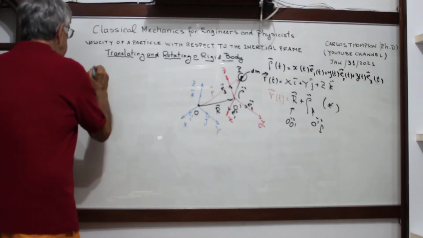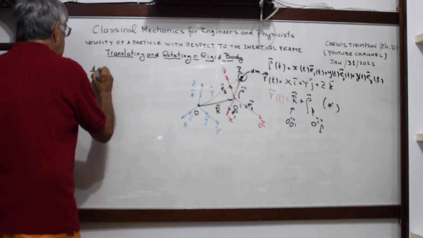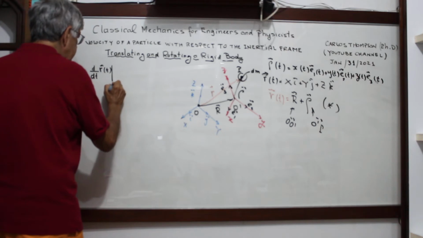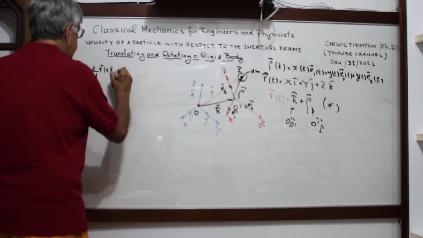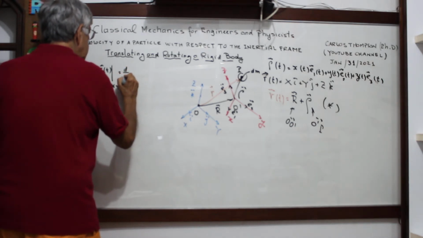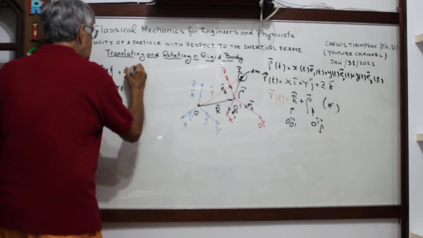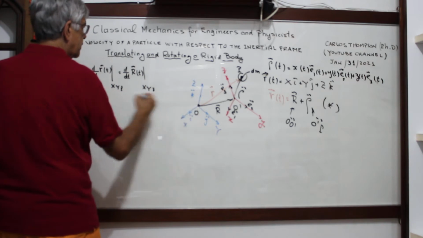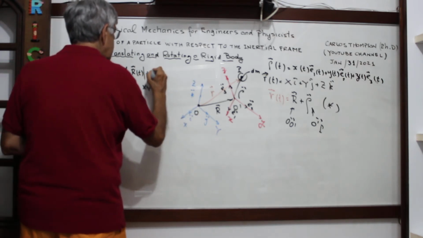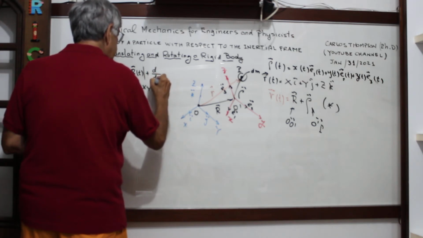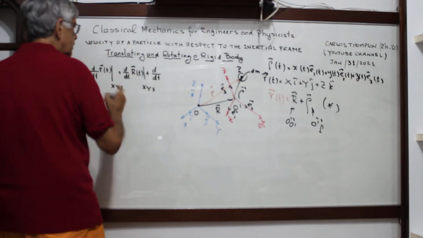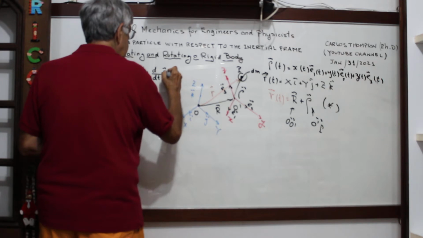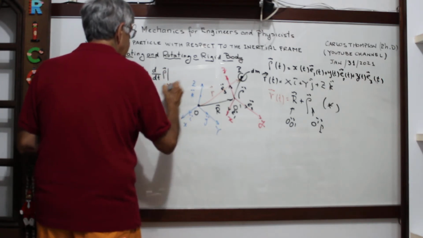Now, d/dt of r of t with respect to the inertial frame x, y, z is equal to d/dt of capital R of t with respect to the inertial frame, the blue one here, plus the derivative, this is not a partial, an ordinary derivative, of the vector rho with respect to x, y, and z.